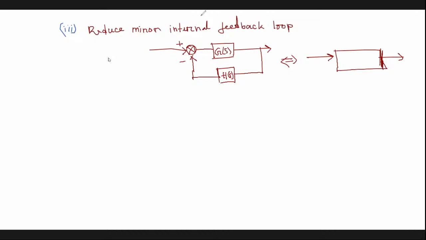So how can we reduce this feedback loop? What is the formula? Shaheen Alam, can you say what will be in the block?